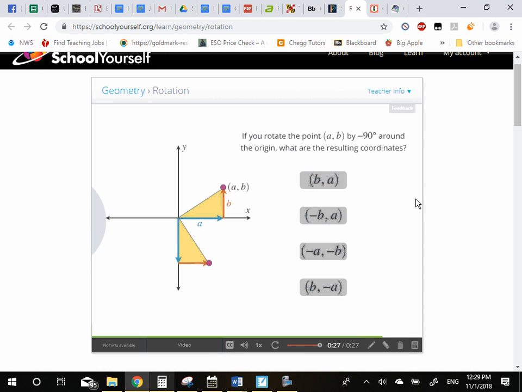Where are we at now? Positive B, negative A. Yeah.